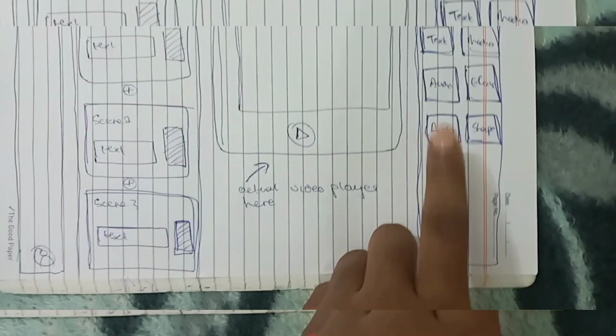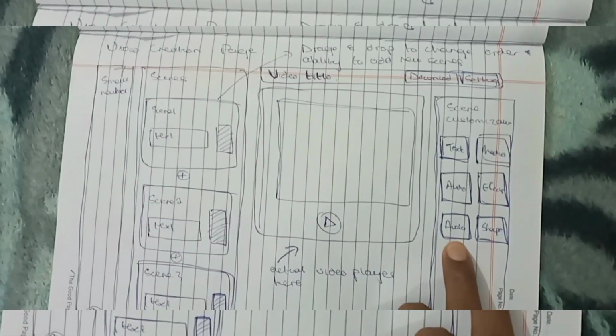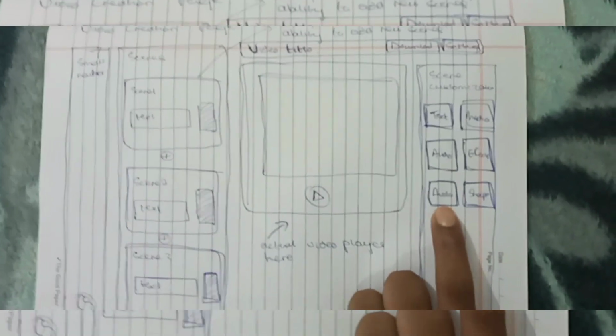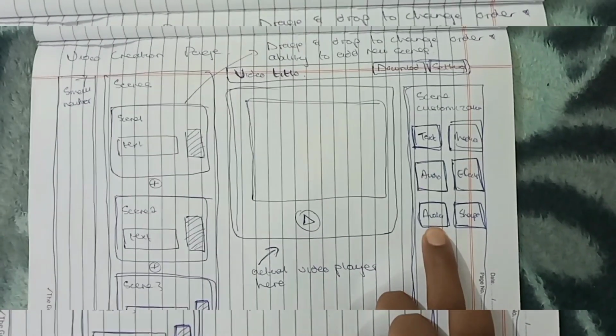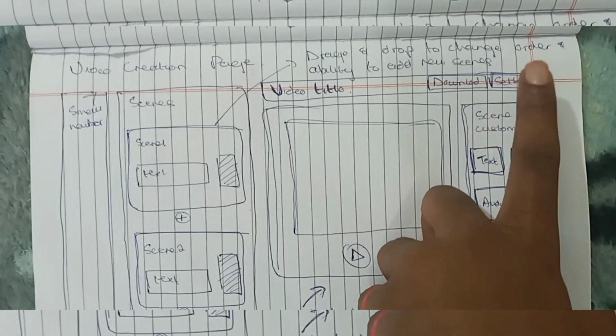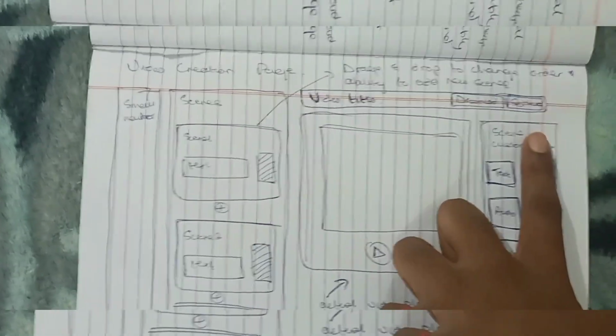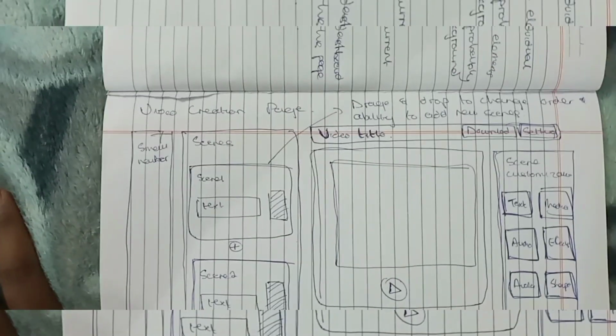This might be too much to include initially, so I'm going to save this for down the line, but I just included it in the design because it looked cool, and 5 boxes would not have looked as cool. And then we have our video title, and we can download the video or change some extra settings. So this is pretty much the design of it.